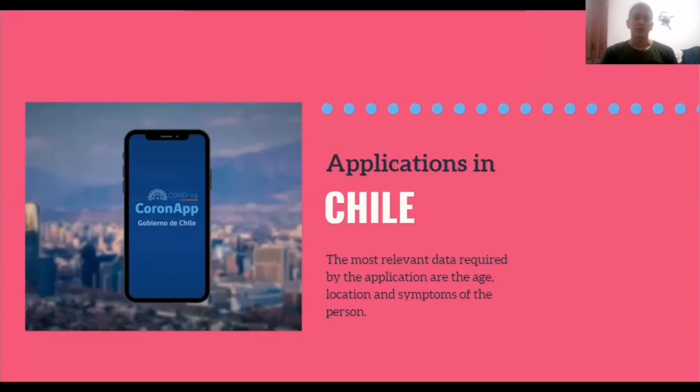Okay, in Chile, an application similar to the one used by the Koreans was created, but this application does not require the provision of personal data. The monitoring is carried out on the cell phone, identifying it through certain parameters of the operating system. The most relevant data that the application requires are the age, location, and cell phone of the person.